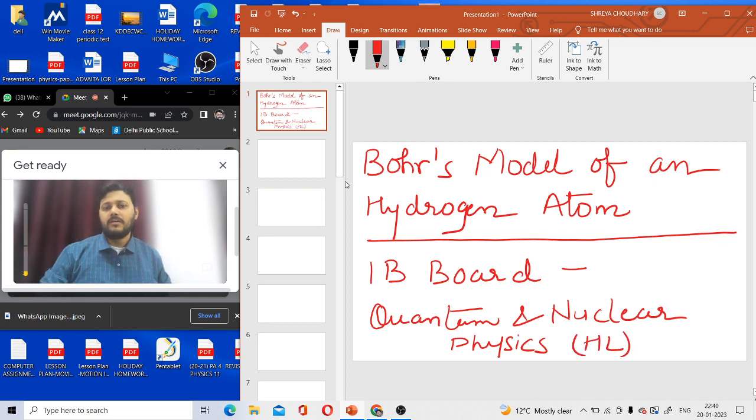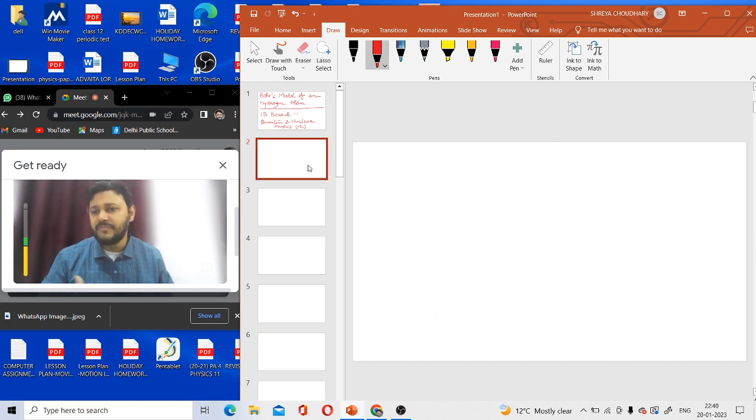Let me discuss first what Bohr has proposed, what his postulates are about the model of a hydrogen atom. He has given his postulates in three different points.